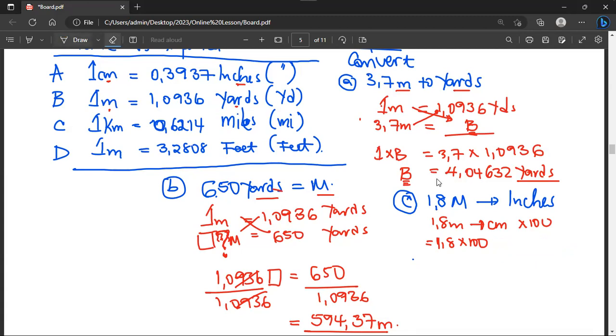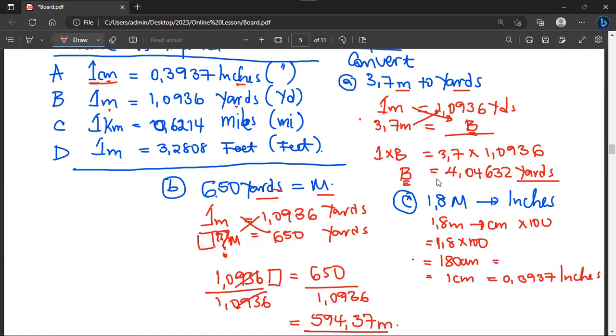The answer is 180, these are centimeters. But my equation from here, A, says if I have 1 centimeter, I have 0,3937 inches.